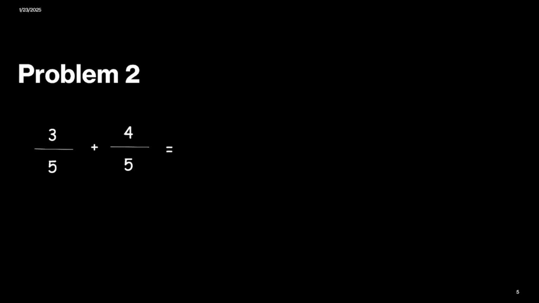The rule is add the numerators, but do not add the numbers in the denominator. It stays the same. So if you write it, you'll get 7/5. You'll notice that this fraction is an improper fraction because that 7 is greater than 5. You might have learned how to make improper fractions into mixed numbers.